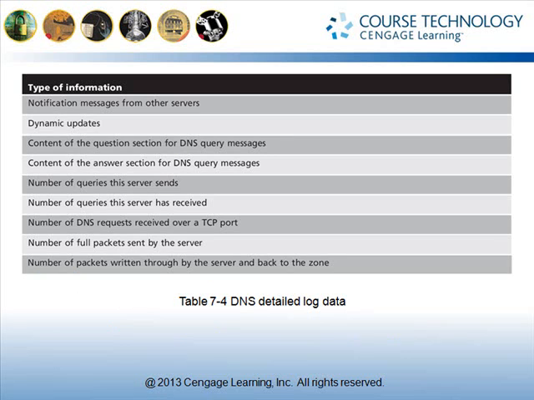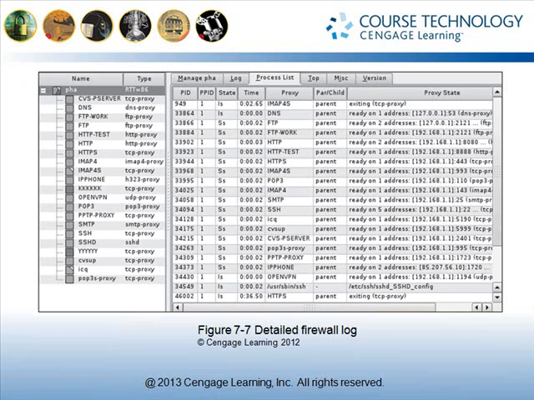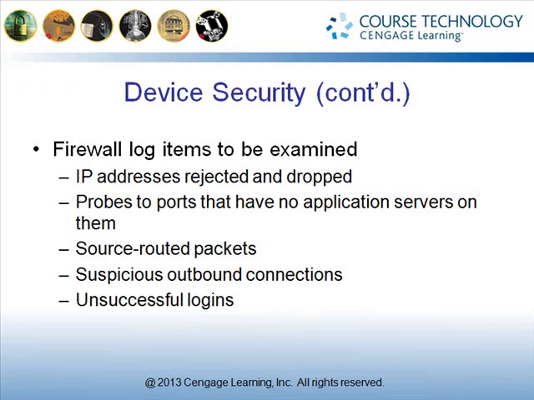Here's a list of the type of information that might be found in a DNS detail log. Here is information that might be found on a basic firewall log, and here's the information that might be found on a detailed firewall log. It's good to examine these firewall logs because they contain information that can be very helpful in examining the security posture as well as adjusting our security on the network.